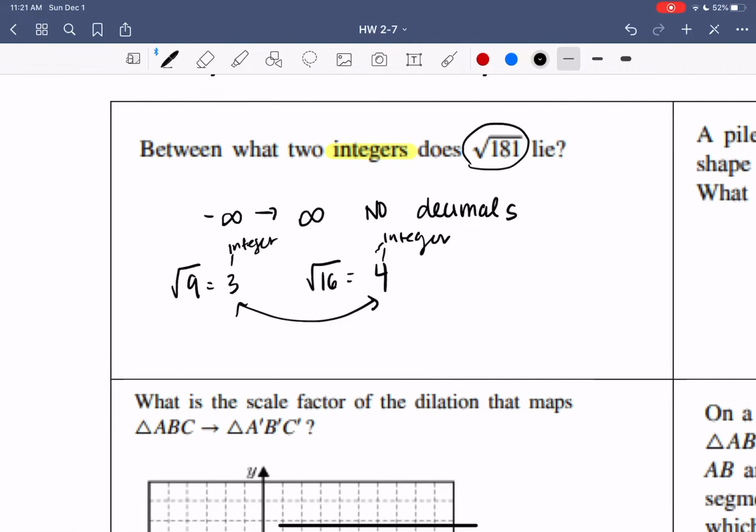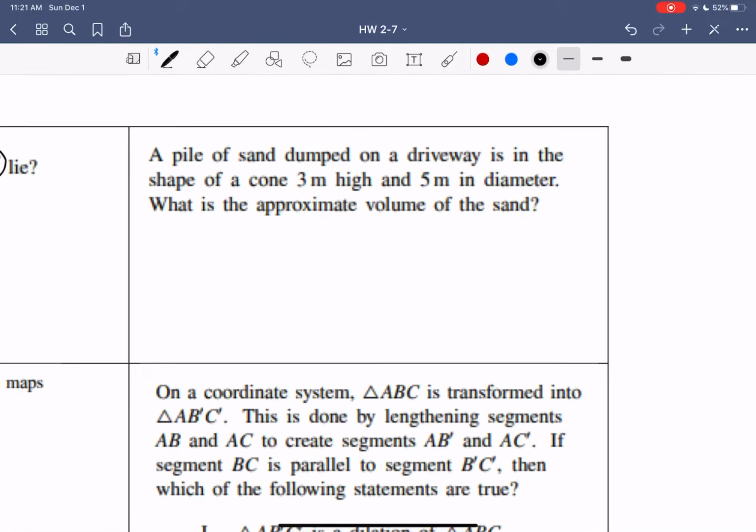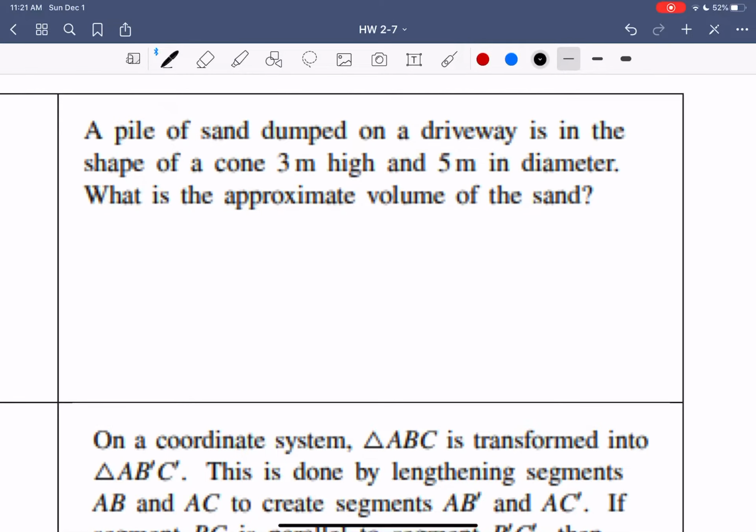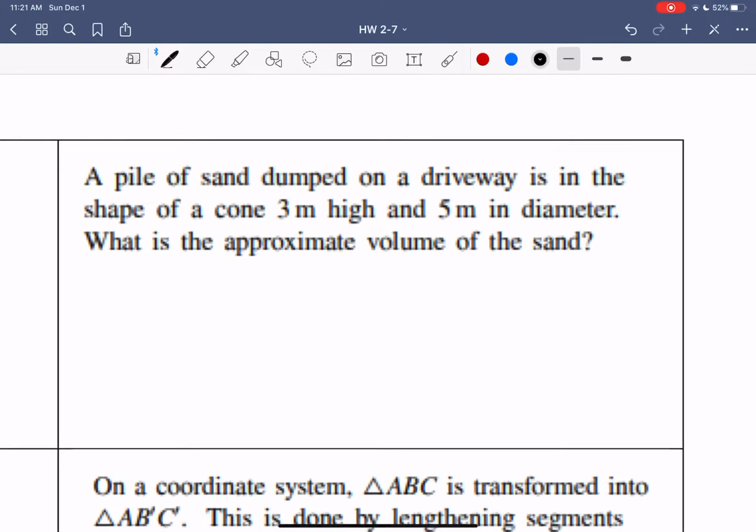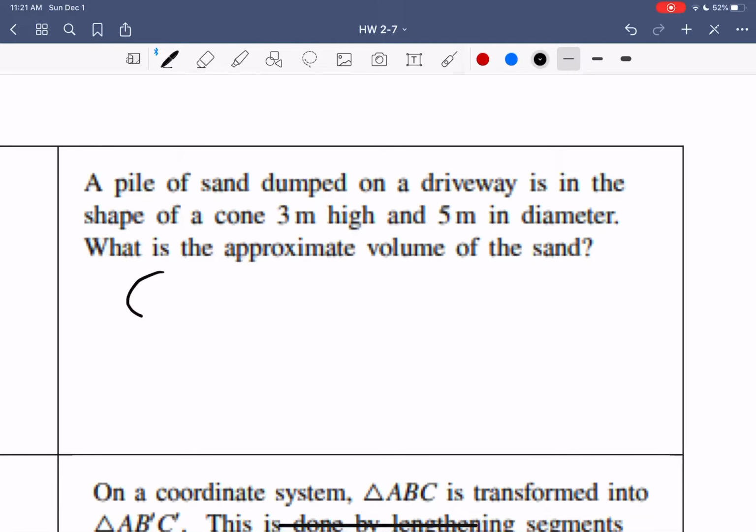All right. A pile of sand is dumped on a driveway in the shape of a cone, 3 meters high and 5 meters in diameter. What is the volume of the sand? All right, so we have a new shape. Now we have a cone.